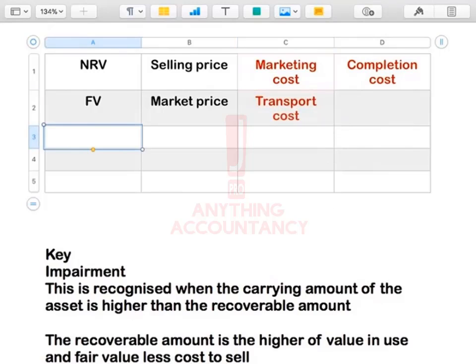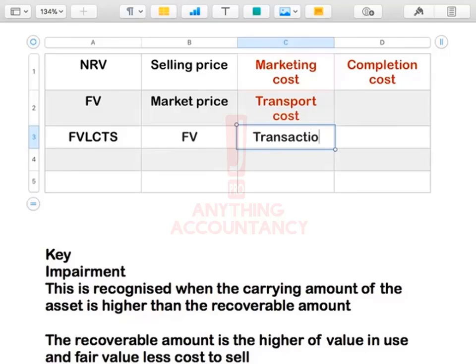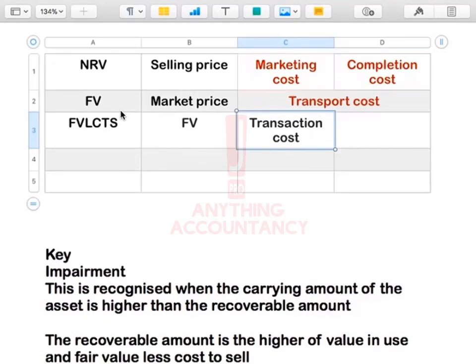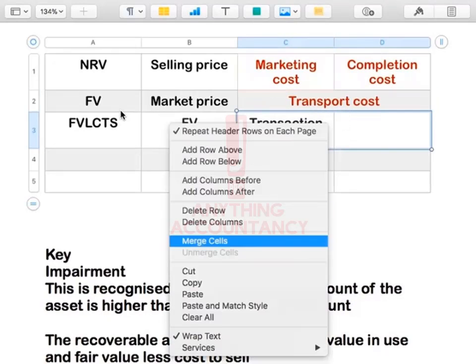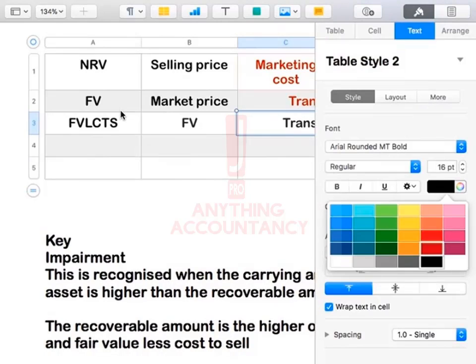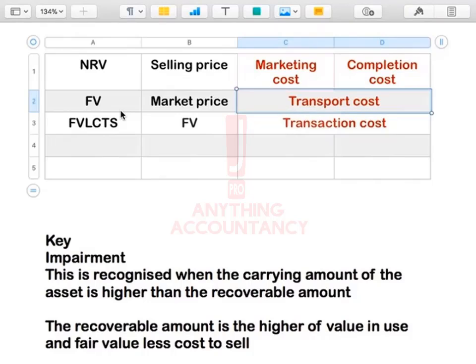Then if I say fair value less cost to sell, it is going to be fair value less. Okay, are you clear on the difference? Very clear? So don't get confused with these words.